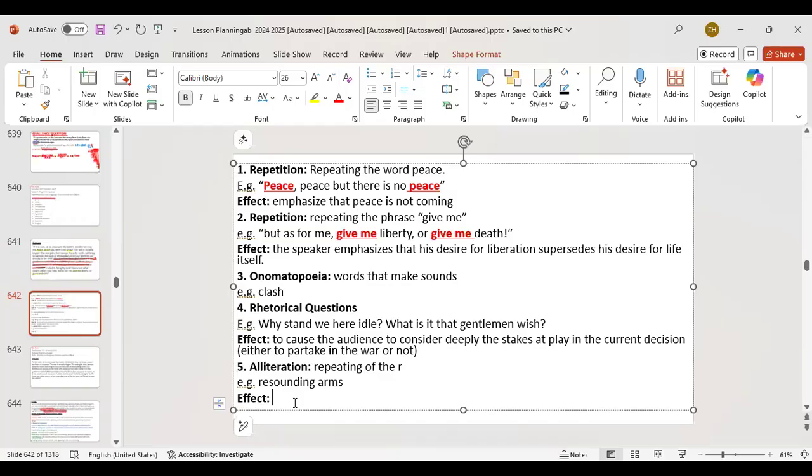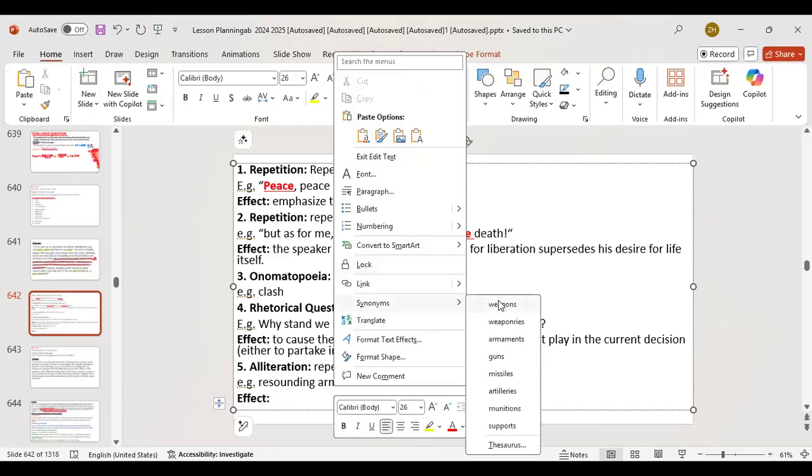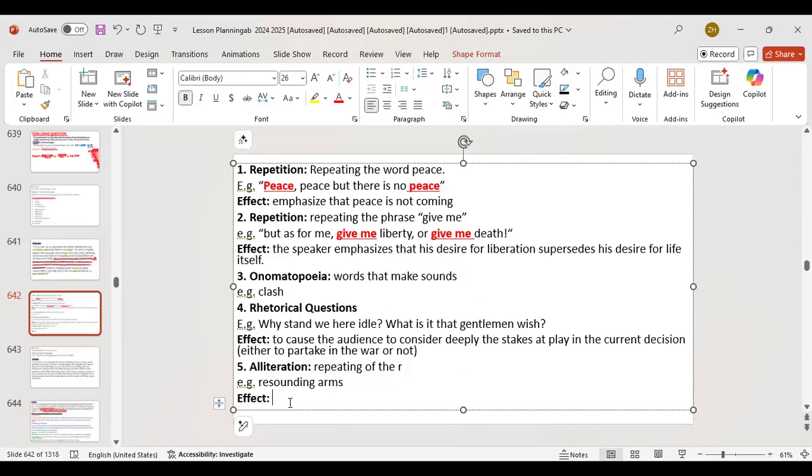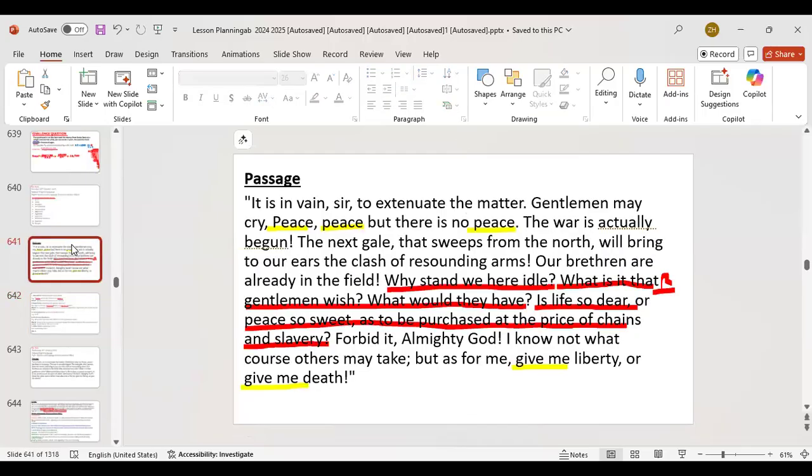"Clash of resounding arms." Remember I told you what arms is, right? Weapons, guns, missiles. What is he trying to do? Defend themselves?